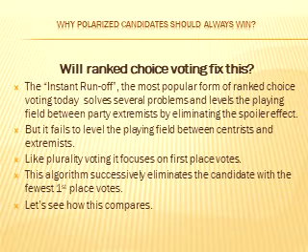But it fails to level the playing field between centrist and extremist. Like plurality voting, it focuses on the first place votes. This algorithm successively eliminates the candidate with the fewest first place votes.